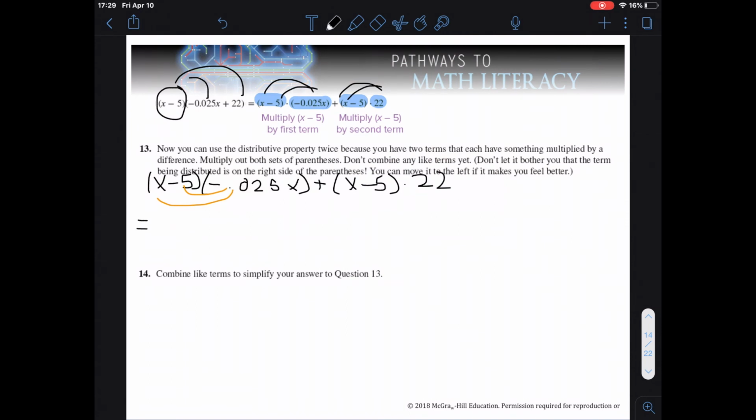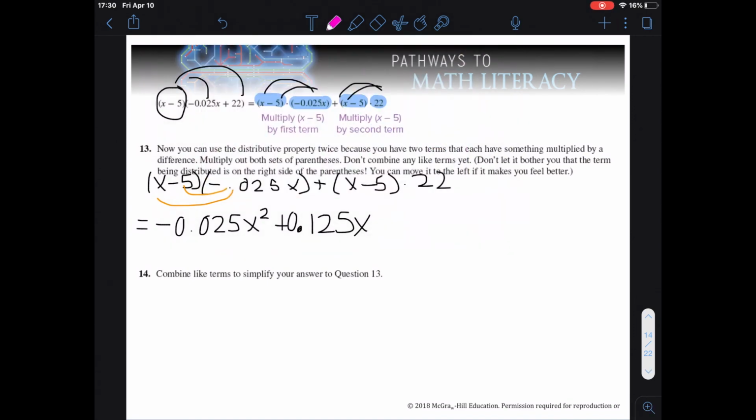And what that gives us is negative 0.025x times x is x squared. And then negative 5 times negative 0.025 gives you positive 0.125x.